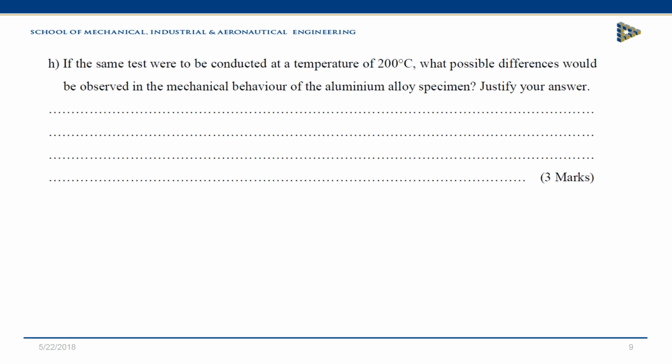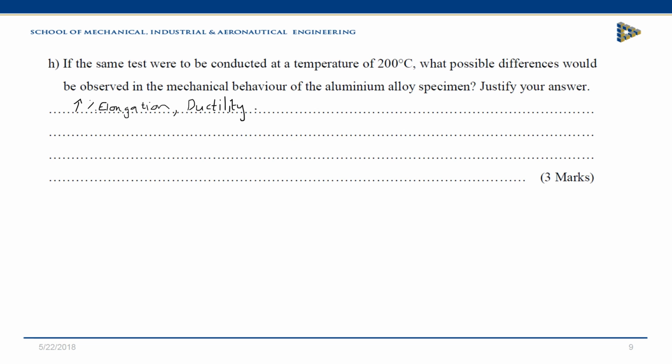Okay, so the last part of the questions asks, if the same test were to be conducted at a temperature of 200 degrees, what would be the possible difference in the mechanical behavior of the aluminium, and we must justify our answer. So what we know is that when we increase the temperature, our percent elongation is going to increase, and our ductility is going to increase.